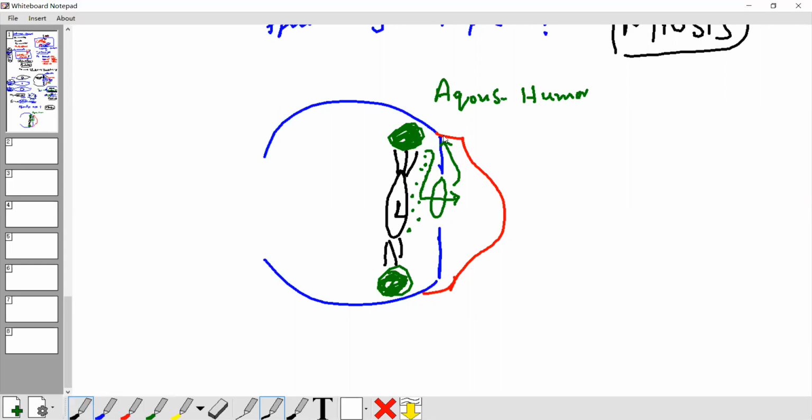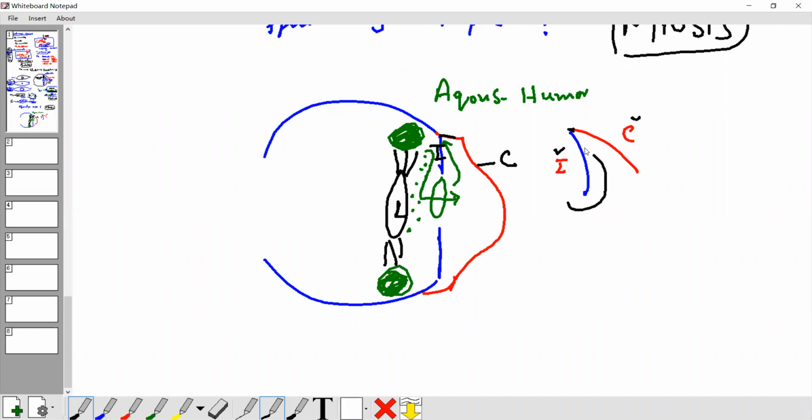This is a junction. What is this structure? Cornea. And this? Iris. This is the angle between the cornea and the iris. Clear?